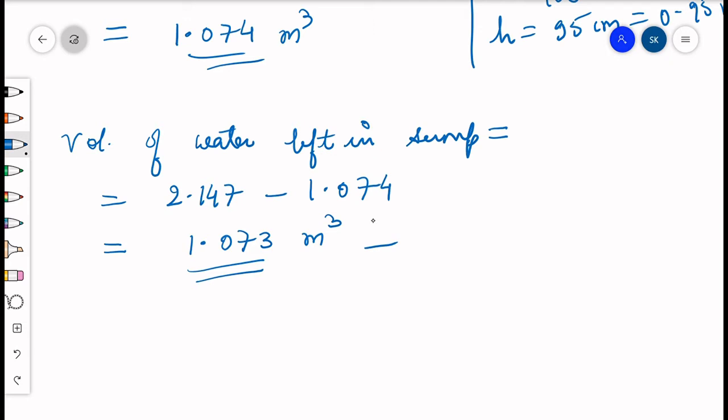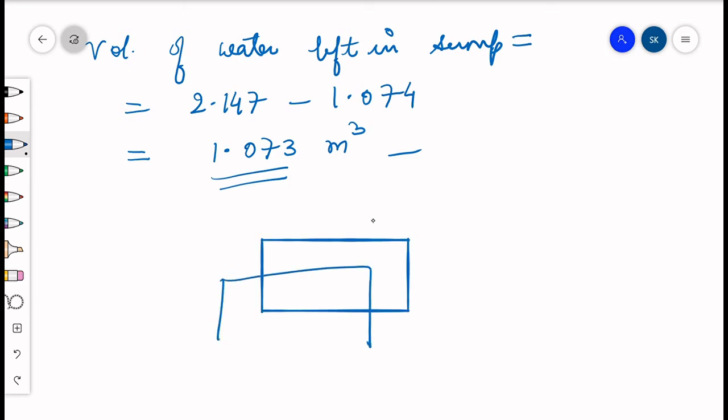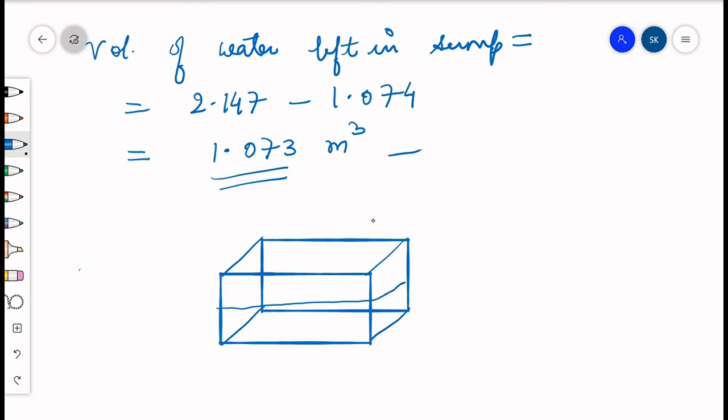Try to understand. If this much water is left, suppose this is your cuboid. Okay, now see here, this much volume is left. This is the water, now the new height.